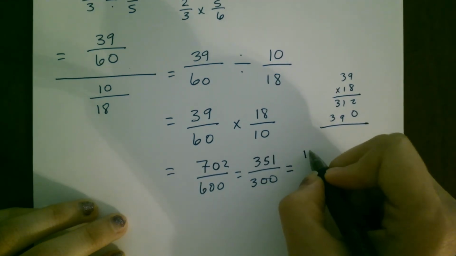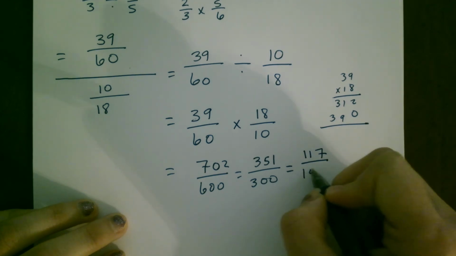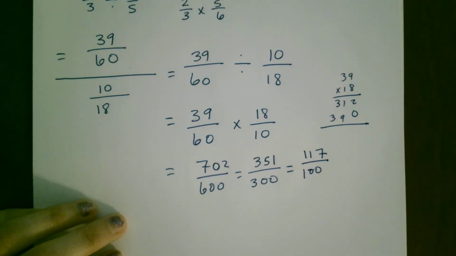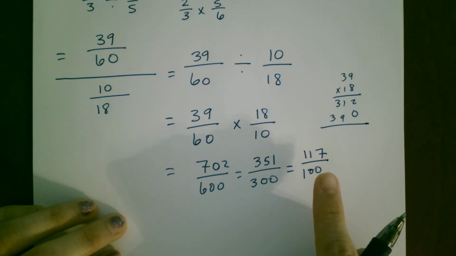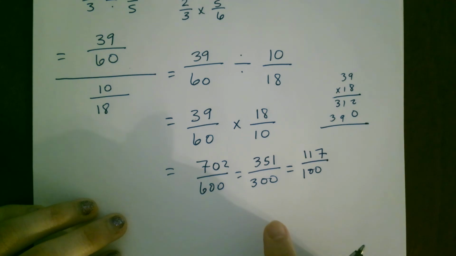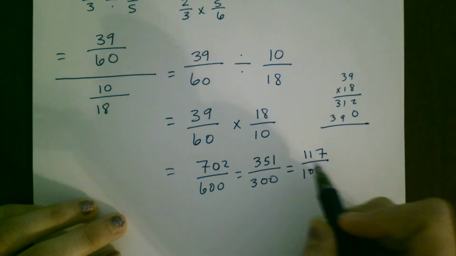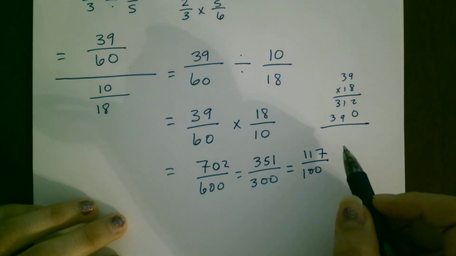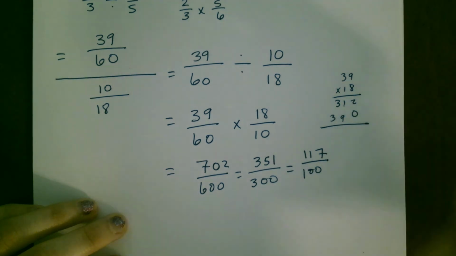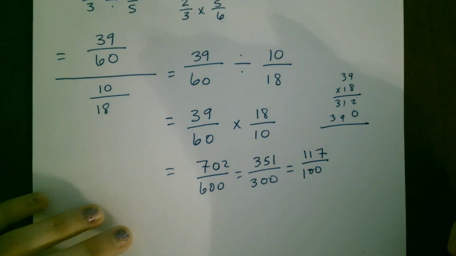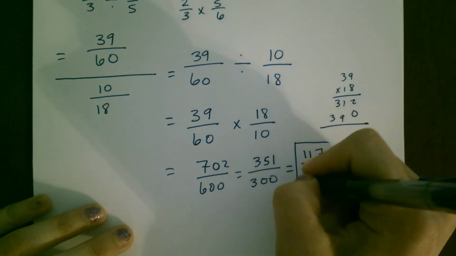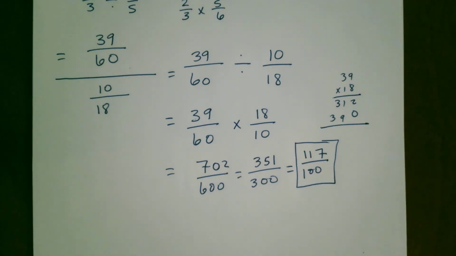So I get 117 over 100. 100 is only divisible by 5 and 2, so it's 2, 2, 5, 5. 117 is divisible by 3, 3, and 13, so we're going to leave that. No common factors, so there it is in simplest form.